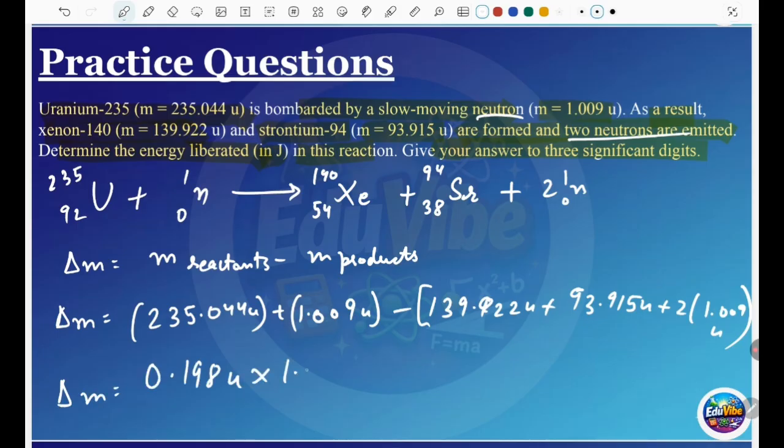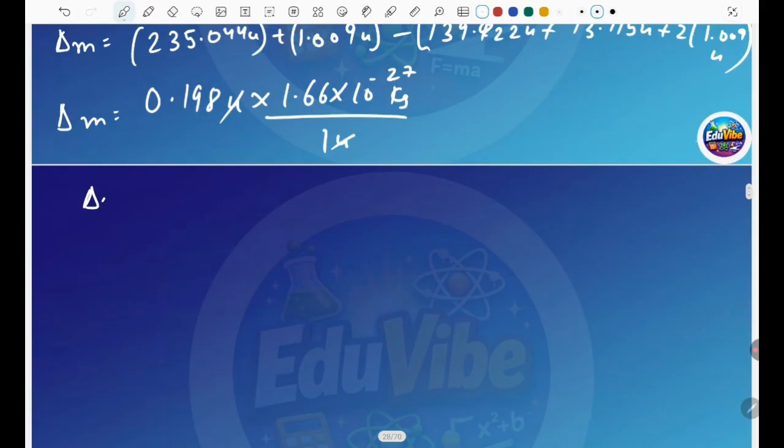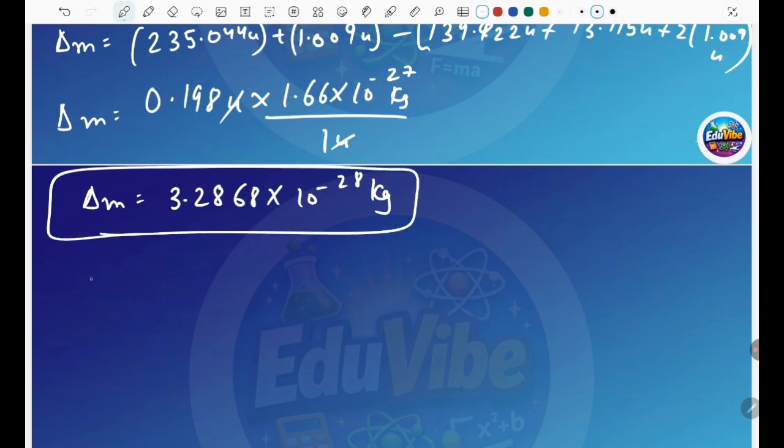You have to convert this into kgs, so multiply this by 1.66 times 10 raised to the minus 27 kg, divided by 1 U. U and U cancel out. You get your mass defect as about 3.2868 times 10 raised to the power minus 28 kg. The mass defect is calculated in kgs.